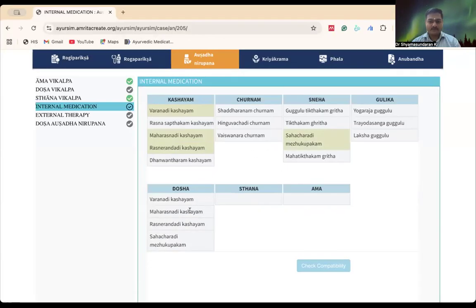From this, you have a set of medicines for dosha. From this, you have to drag and see if it falls under sthana.